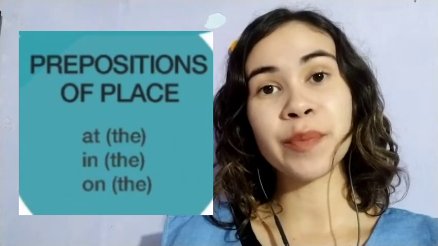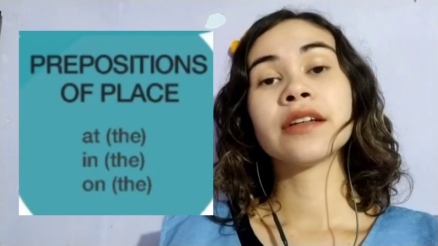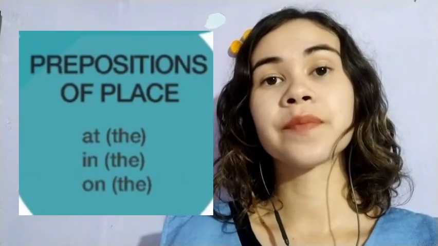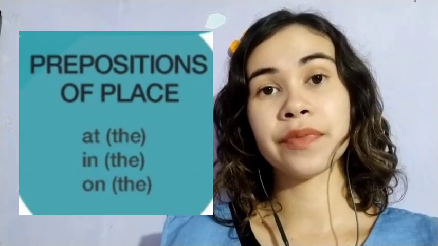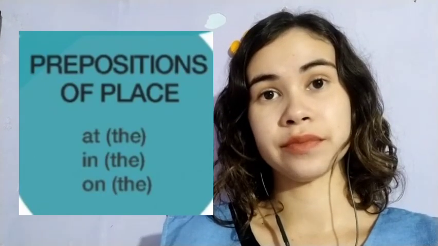And we also have prepositions of place. Now, repeat after me. At, in, on. At the, in the, on the. Really good. And these prepositions of place, we can use with many places, okay? So we are going to use at with some places.